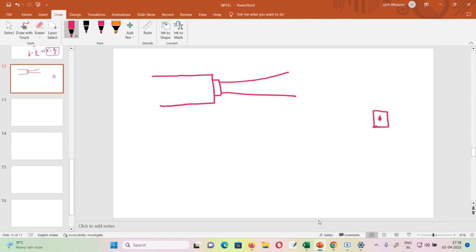Now we already know that after passing through a lens, our beam diameter 2ω0' will be equal to 4/π into λ into f divided by 2ω0. So you can see that this is actually the spot size.